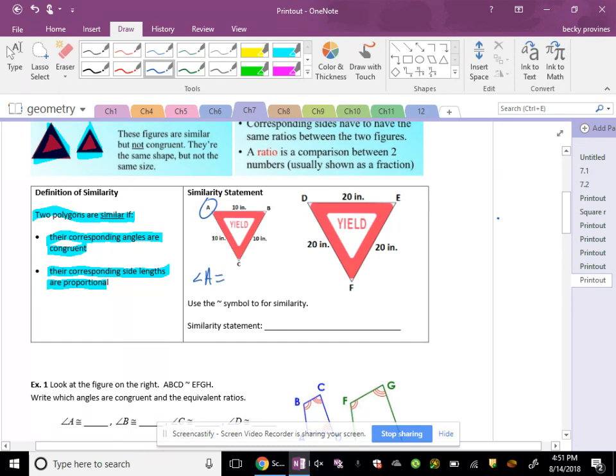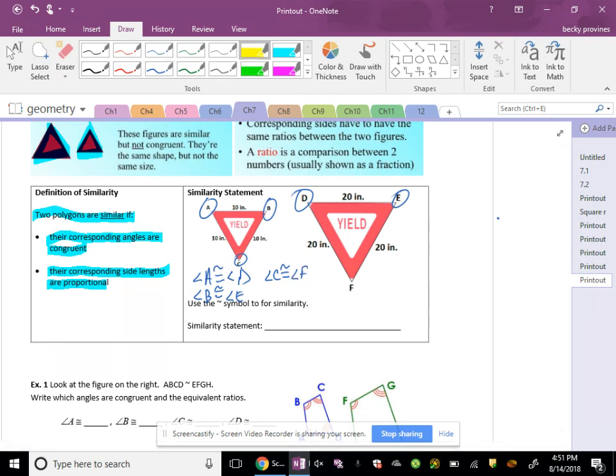So we're going to set that equal to the upper left-hand angle, which is angle D. Angle B is the upper right-hand corner, so that's going to be equal or congruent to angle E. And then we have angle C, which is going to be congruent with angle F.